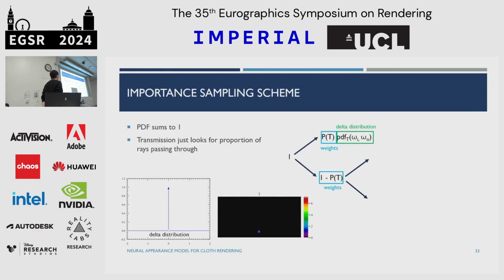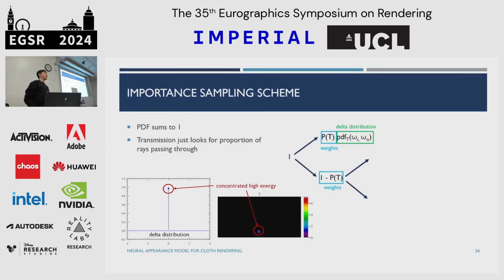Why? Because for a given angle, it shoots out directly, so there is highly concentrated energy at the outgoing angle in a straight line, as one will find in a direct delta distribution. That is the transmission component for the importance sampling.